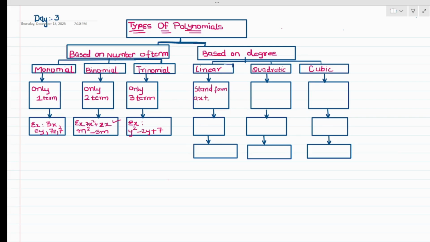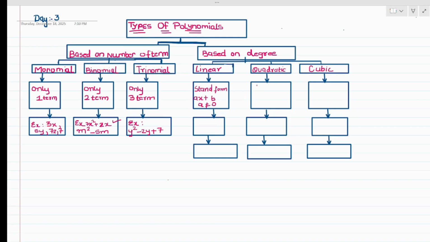ax plus b. Okay, as you can see over here, for my variable x, I have my degree as 1, where a is not equal to 0. In standard form, linear equation can be written as ax plus b, where you can clearly see that my x has degree 1.